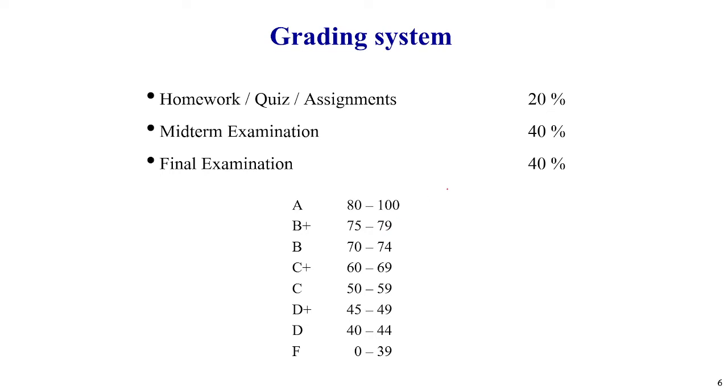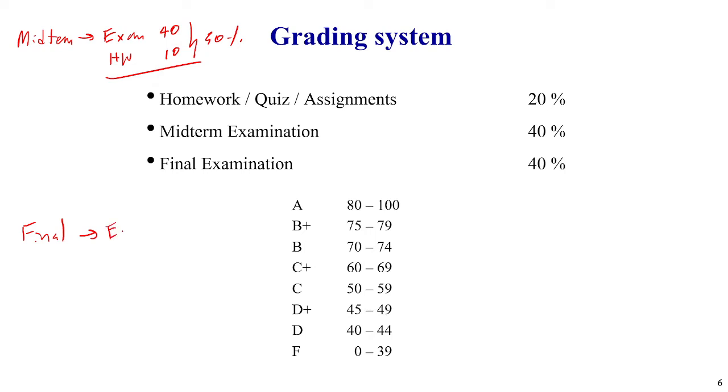More specifically, up to the middle of the term, the midterm exam is 40 and homework and assignments are 10, so I have 50% here. The final is for Dr. Sudarat, with an exam for 40 and homework for 10%. So Dr. Sudarat and I have 50-50 for this class.